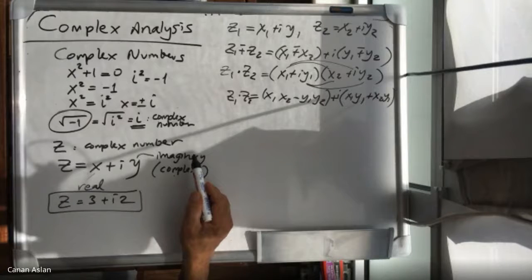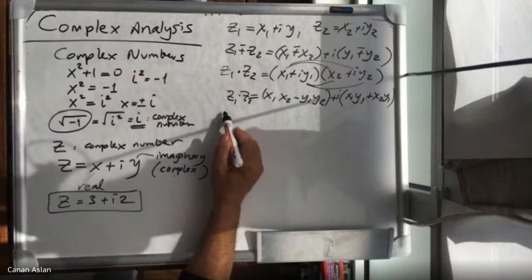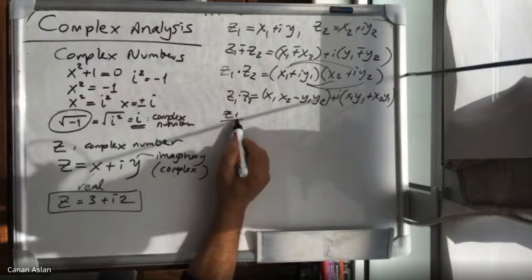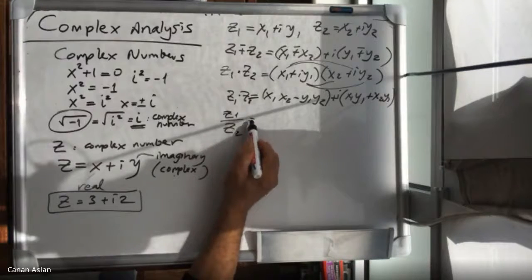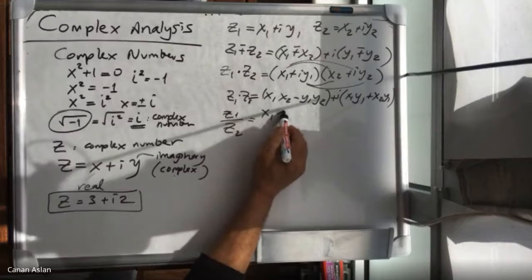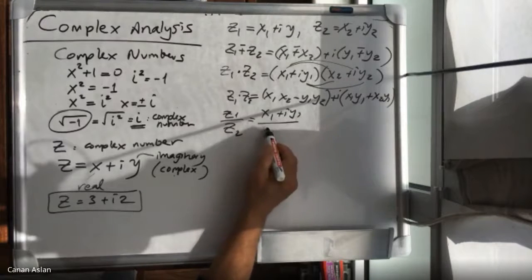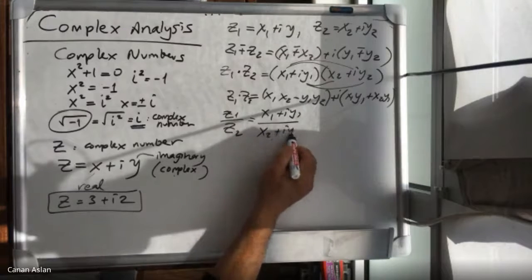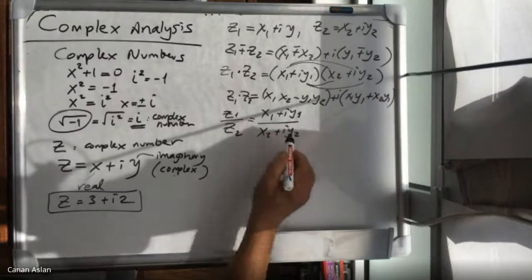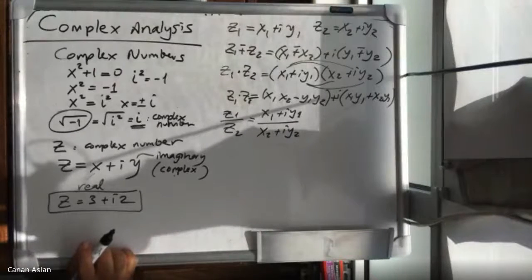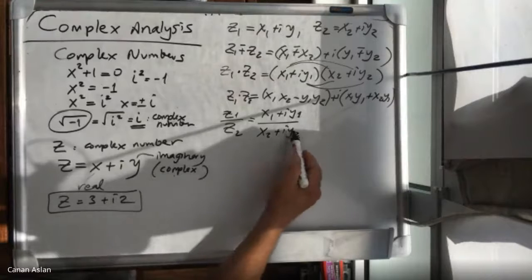And we have another thing, which is division. If you are dividing z1 by z2, it's just the division of x1 plus i y1 divided by x2 plus i y2. We don't really leave it like that because we never want anything complex in the denominator.